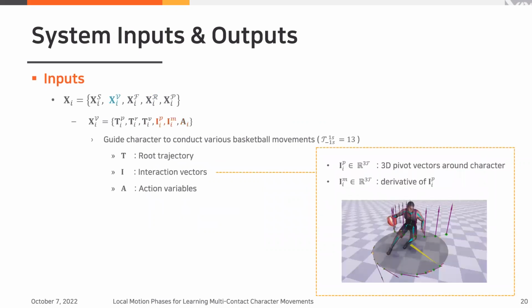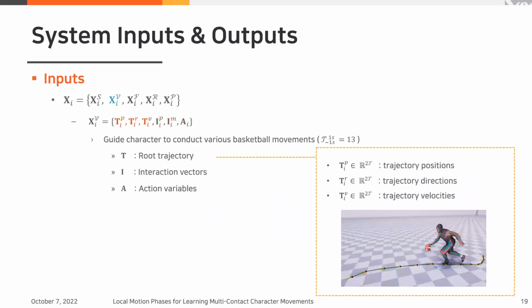So at runtime, what kind of input is the user giving? Is it just the direction, or are there additional buttons that can do certain dribble actions? There are certain buttons that can control specific actions of the character, like spinning or shooting the ball.